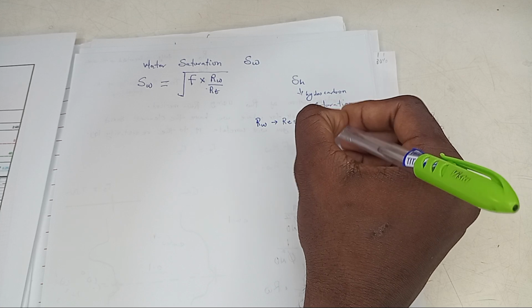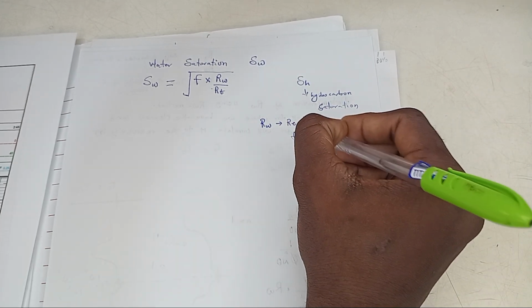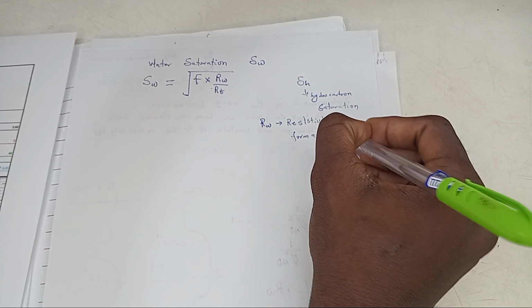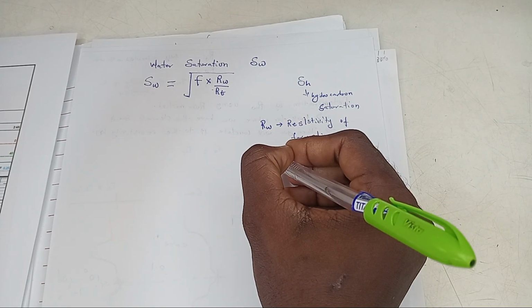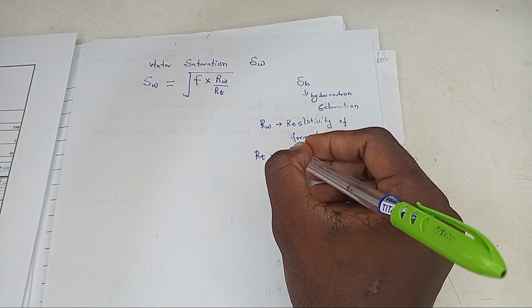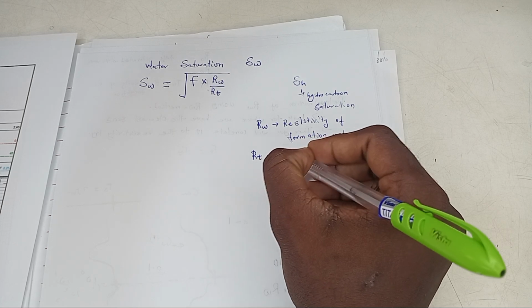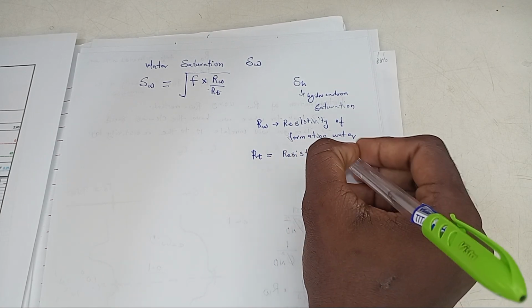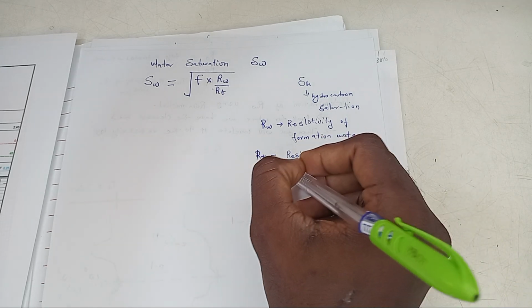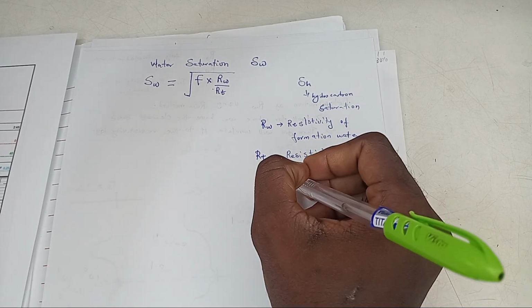And RT is known as the true resistivity of the formation.